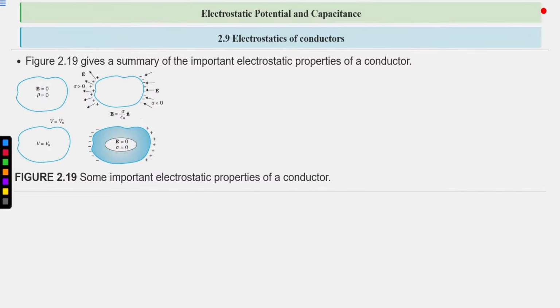Figure 2.19, some important electrostatic properties of a conductor. Also there was a precaution regarding lightning or thunderstorm. It was told that during lightning or thunderstorm, if you are in a car or any enclosed configuration like a vehicle, you should remain in that, not a two-wheeler, but a four-wheeler that is enclosed.